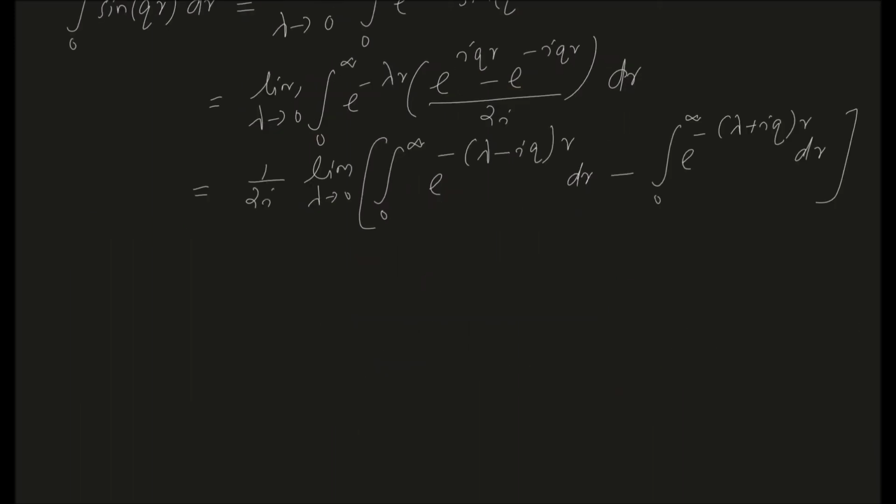Now you can see that these kinds of integrals are what you have studied in Laplace transforms. So what we did is basically we converted this integral into the Laplace transform form. Then we can quickly take the solutions of Laplace integrals from the Laplace transform. So as you know, this will give us 1 by (lambda minus iq), and this integral will give us 1 by (lambda plus iq).